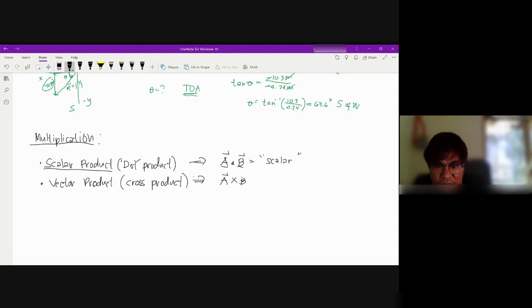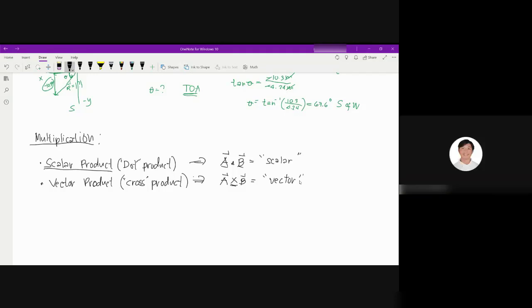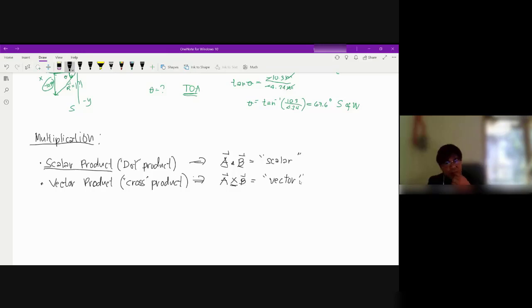So gitawag siya cross product pod because of the sign here in between, so you have x cross. So ang resulta niya is a vector quantity. Okay?